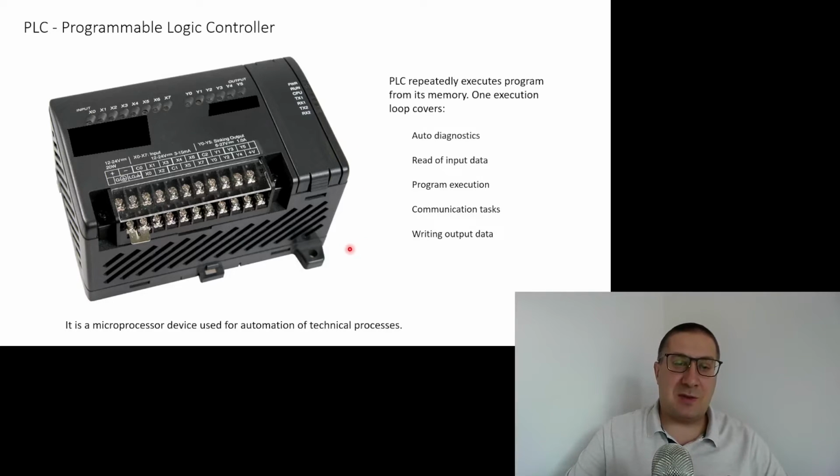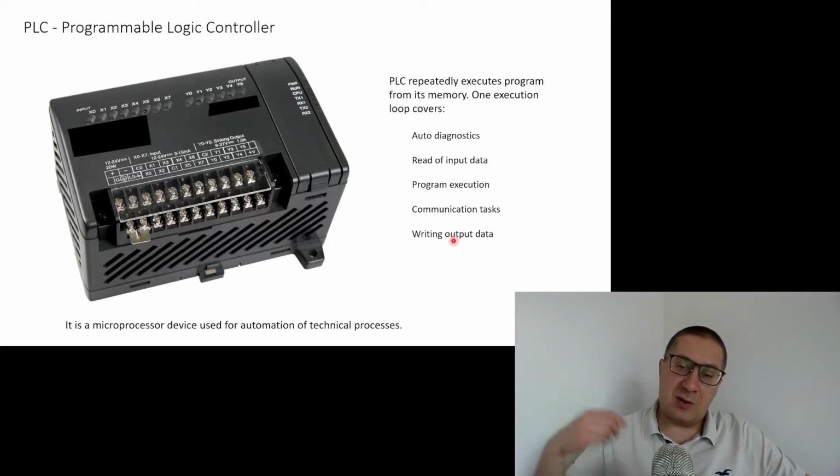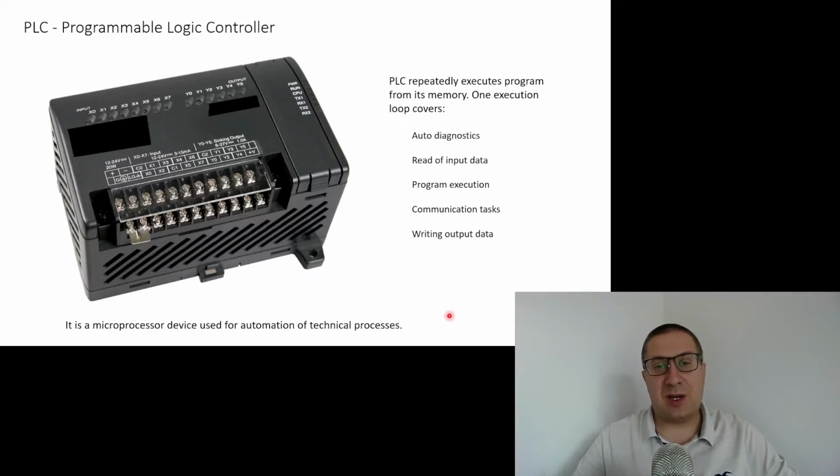So usually it's about factories, not a plant, but it also can be implemented in a plant. But let's assume we have many such PLC controllers. So other algorithms that sit in the memory of other controllers would like to know if the level of the liquid has been reached, right? So they need this information. And at the end of the loop, we will write the output data, so we'll send the decisions to, for instance, the pump, to actuators.